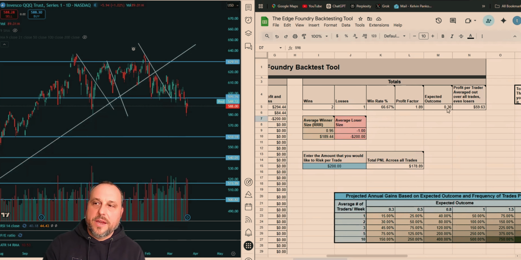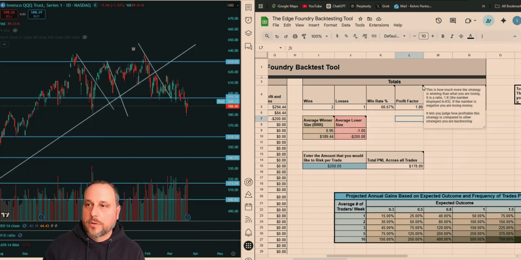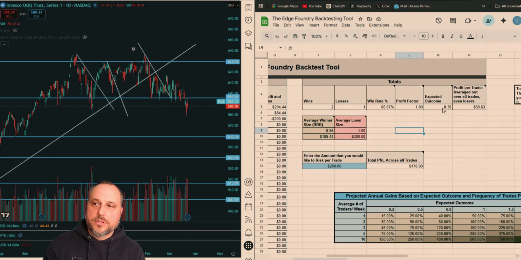Our expected outcome was 0.3. If you're not familiar with this, if you download this free spreadsheet here, I explain what these metrics are and what they do. You can click on the note, or I guess hover over the note. But long story short, expected outcome is if you're risking $1 on a trade, so for every $1 that you lose on a trade, you need to make at least $1 to pay for that losing trade.